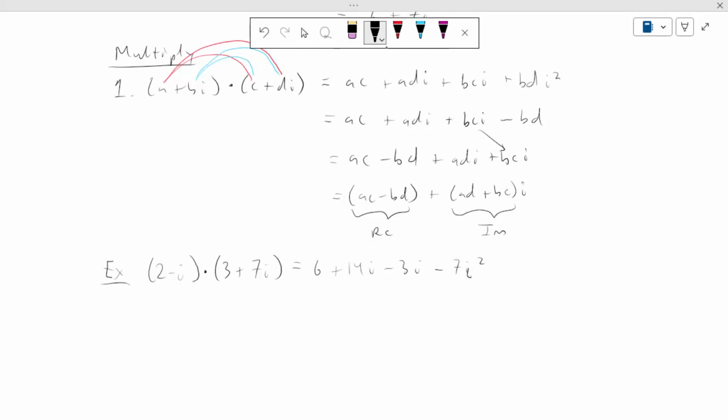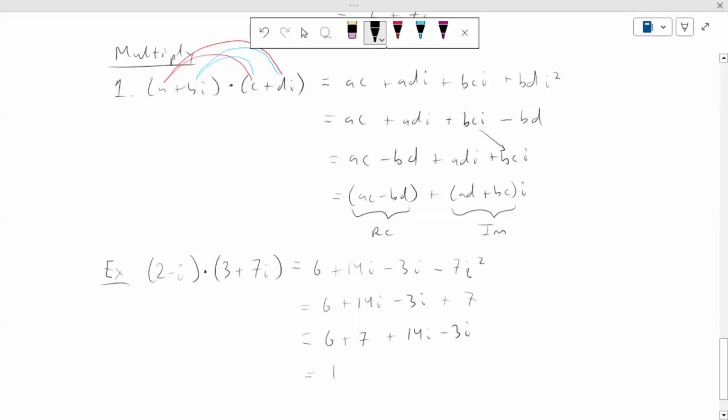Any questions on that? Okay, now I'll simplify a little bit. So this is 6 plus 14i minus 3i. i squared is the same thing as negative 1, so I have negative and negative. This becomes plus 7. I'll use my commutativity here to say this is the same thing as 6 plus 7 plus 14i minus 3i.